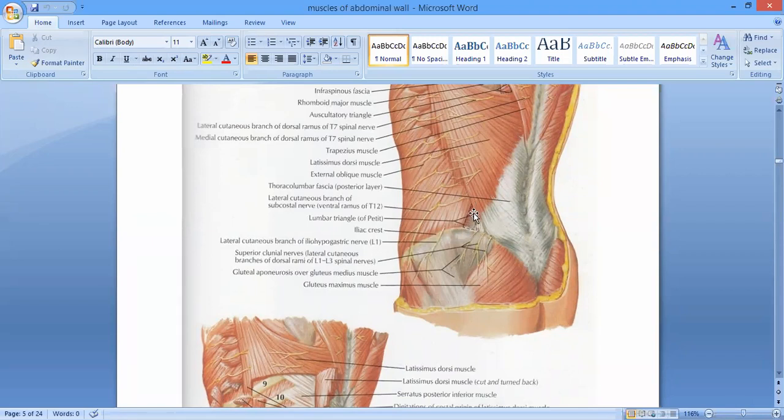We have studied this when we studied latissimus dorsi, if anyone remembers. So that is the lumbar triangle. So the posterior fibers of the external oblique over here are just going to form the posterior free border over here.